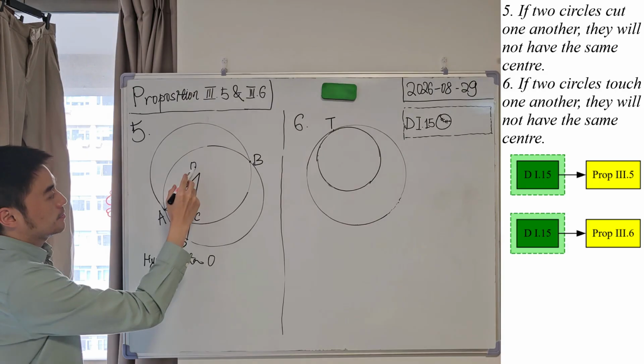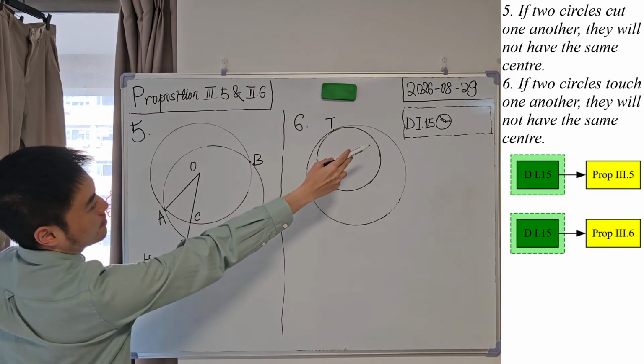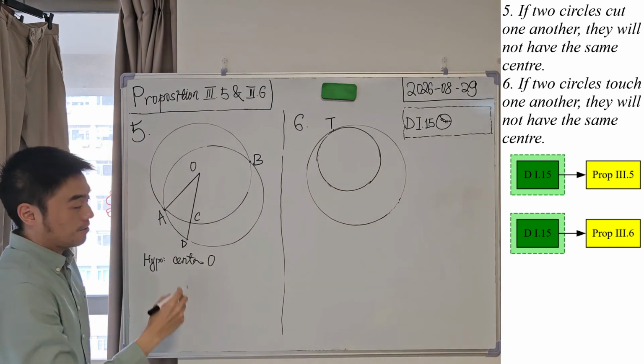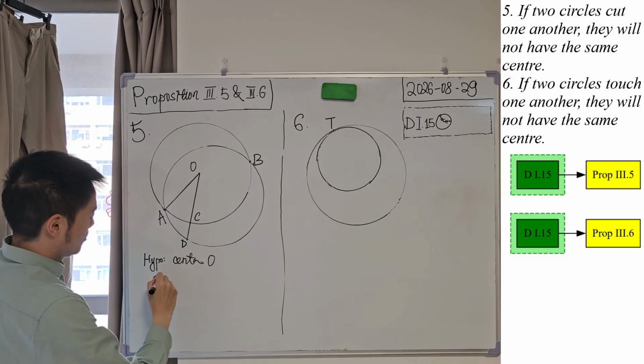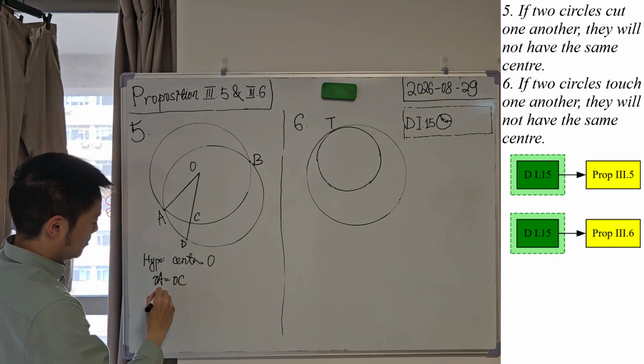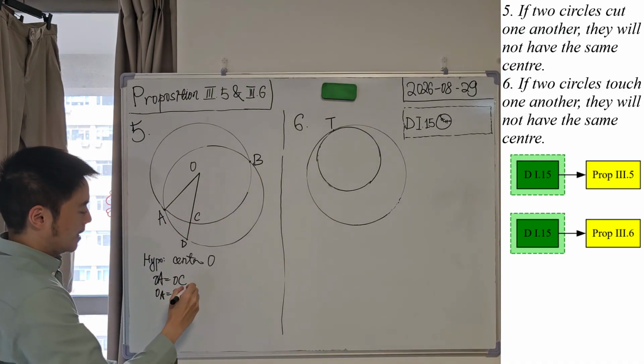As O is the center of both circles, we use definition 15 from book 1, the definition of a circle. The radii are equal, so we know that OA is equal to OC and OA is equal to OD because they are radii of the circle.